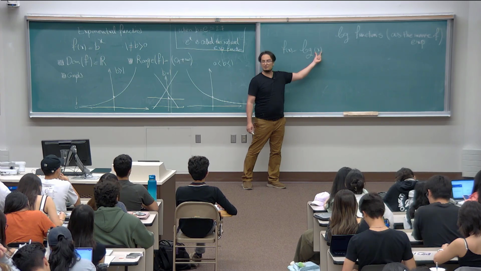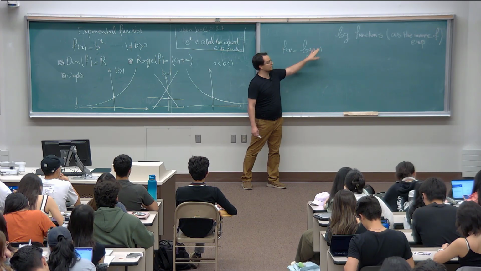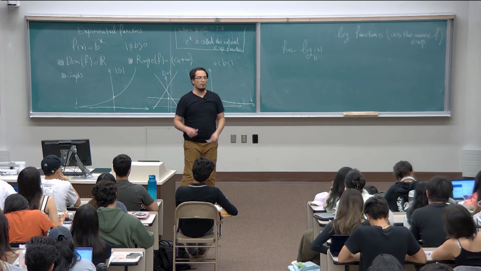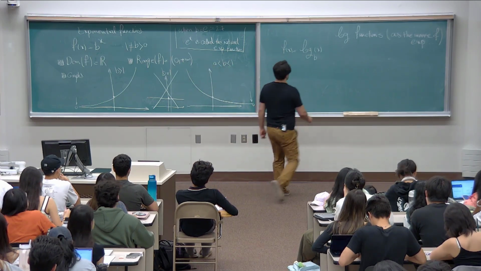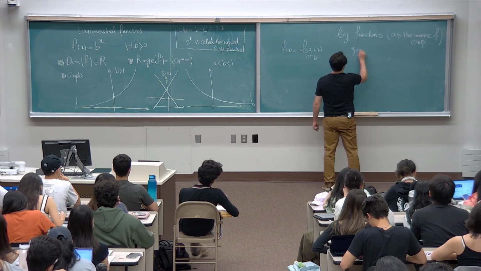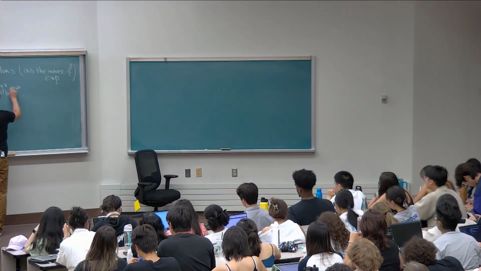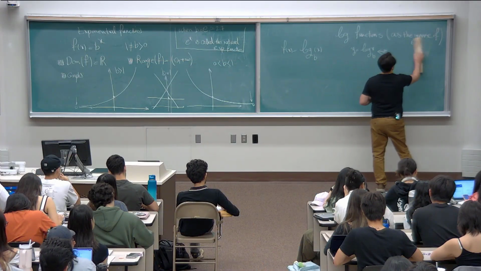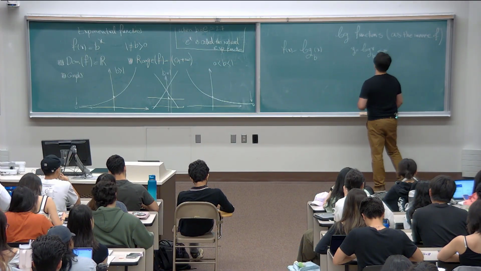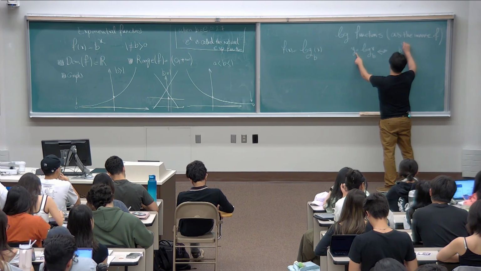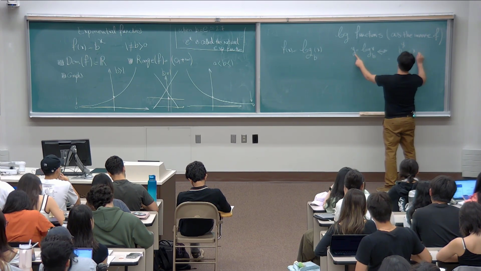So this base here, we fix it, and then it gives us a function. This is the input of that function. Sometimes I won't put any brackets, so I will write log x base b. If I take y to be log of x base b, this means that if you put b to the power y, you will get x.